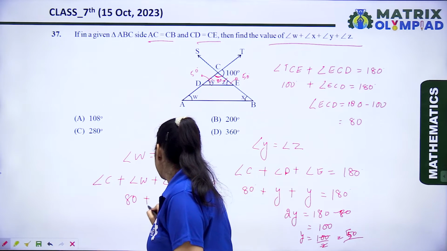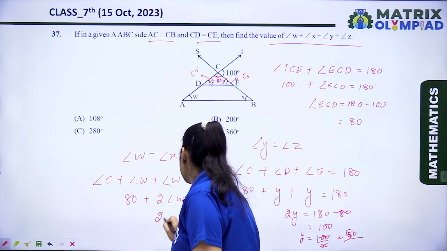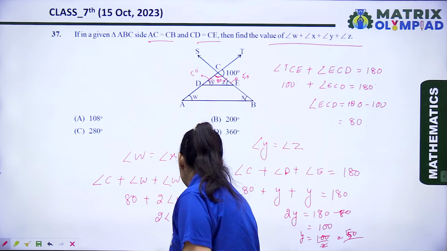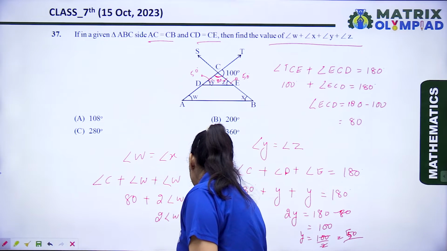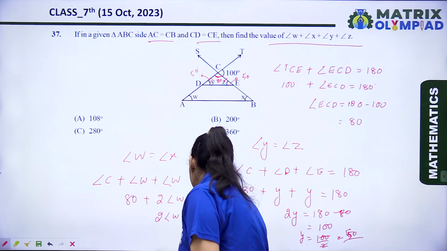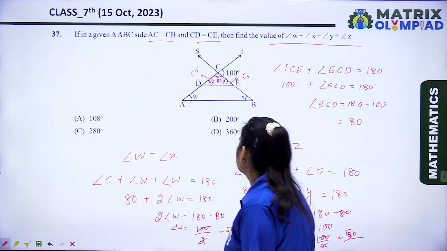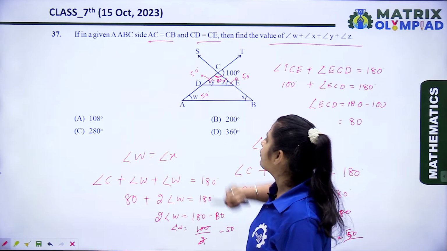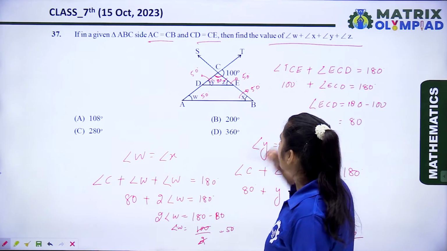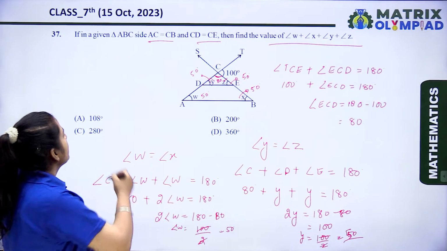Here 80 plus 2 angle W is equal to 180 degree. 2 angle W is equal to 180 degree minus 80 degree. Here 100 upon 2. After cancellation we get the value of W is equal to 50. So here if angle W is equal to 50, then angle X will also be 50. So here we get the values of all the unknown angles.